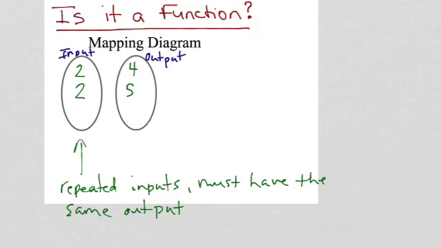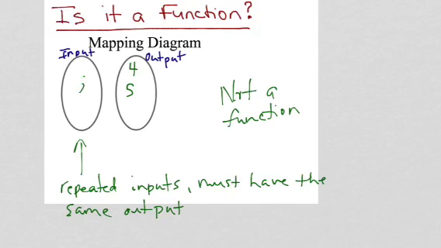So if I put pizza dough and cheese and crust and all that into the oven, I am expecting to get out a cooked pizza. So if we have an input number that is used twice and has different answers, that would not be a function. Again, that's the only thing we're looking for.